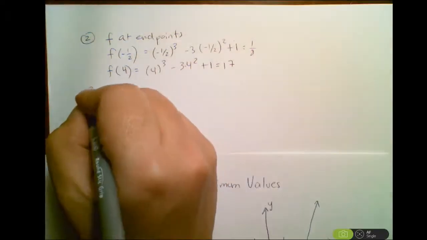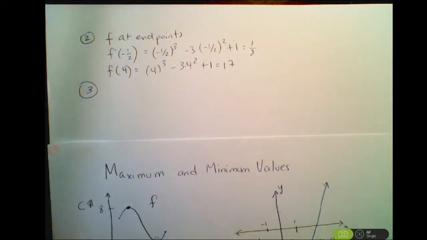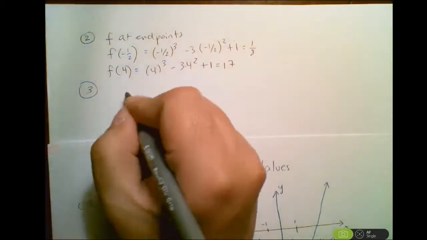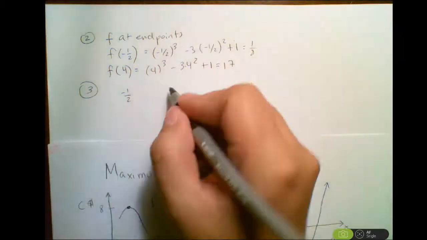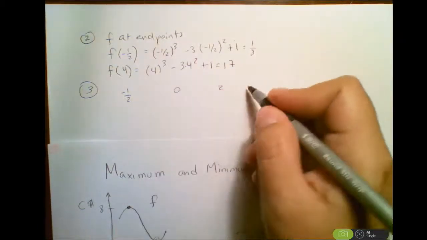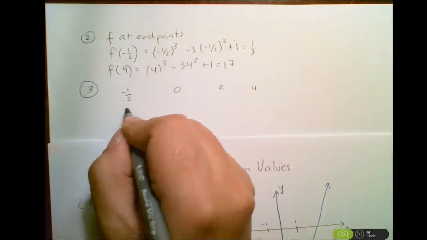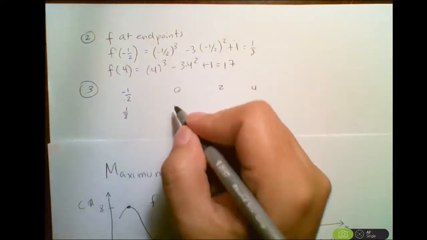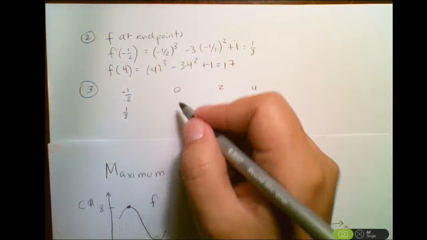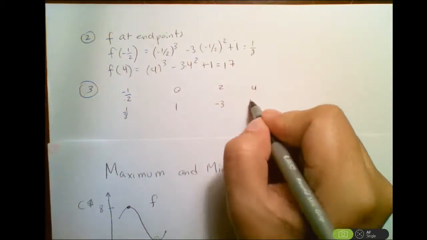We're just going to compare and see which one is the absolute maximum and which one is the minimum. So I have negative 1/2, the other one is 0, the other one is 2, and the other one is 4. And f of negative 1/2 is 1/8. f of 0 gives me 1. f of 2 gives me negative 3, and f of 4 gives me 17.